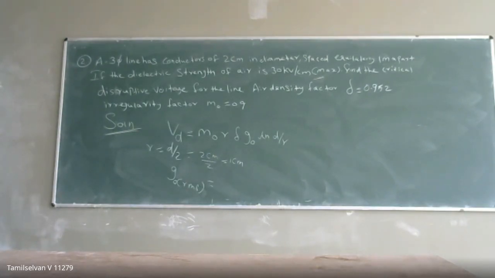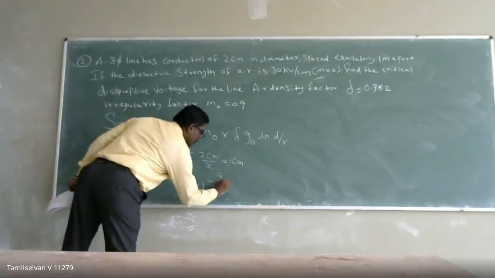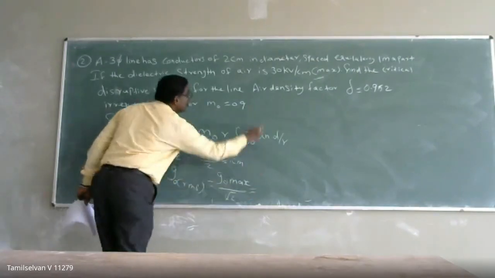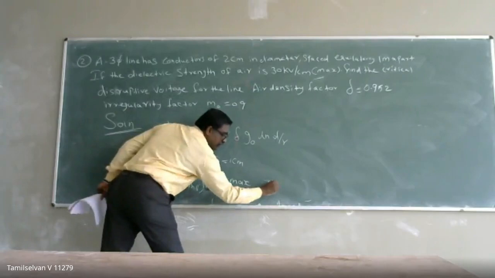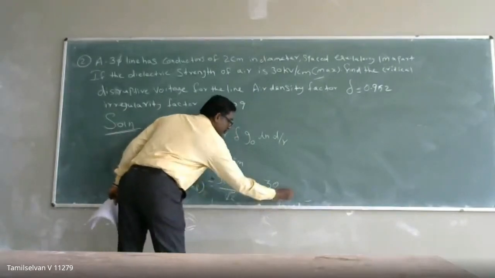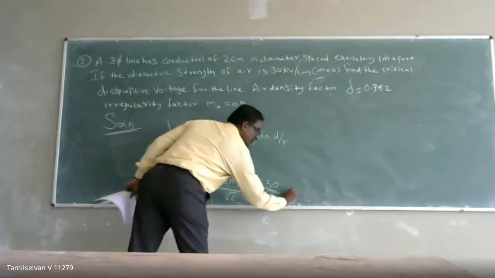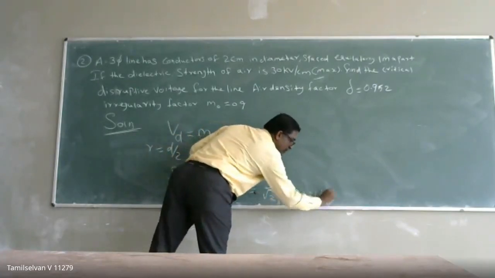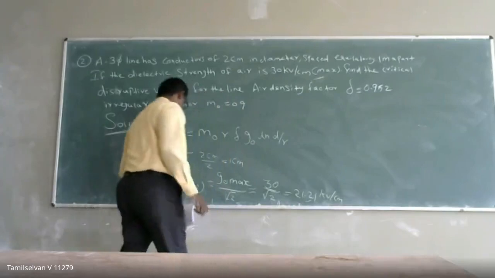Okay, right? So that is G naught max by root 2. It means 30 by root 2. So you will get 21.21 kilovolts per centimeter.